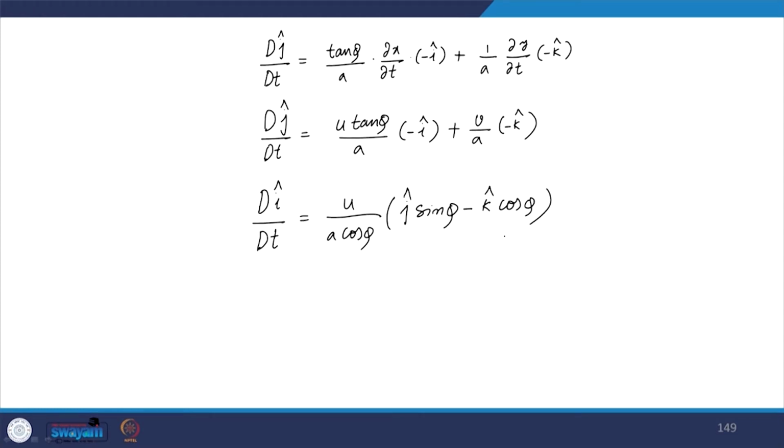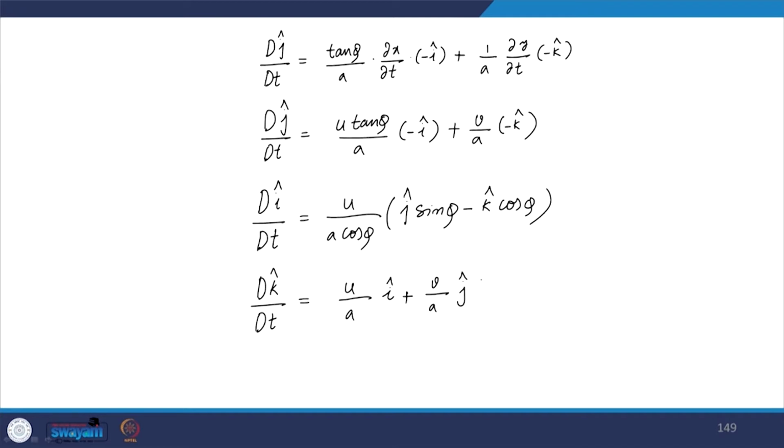Using a similar kind of trigonometry, you can also try it yourself. We can also write dk cap by dt. You can take it as an exercise, it is going to be very simple, and find out what dk cap by dt is.